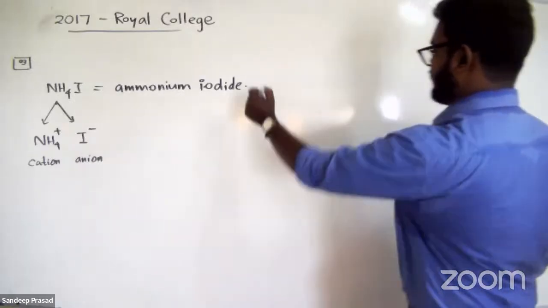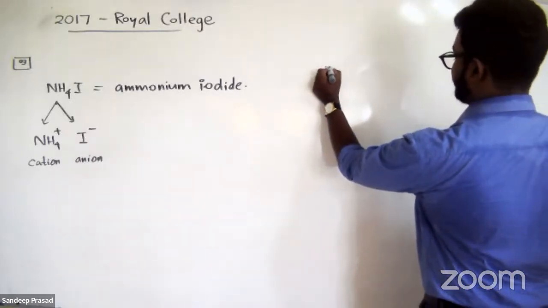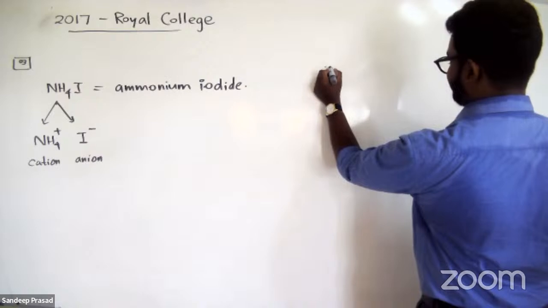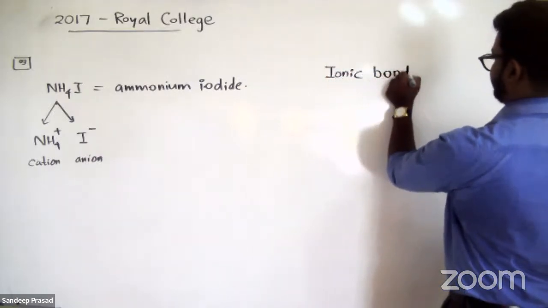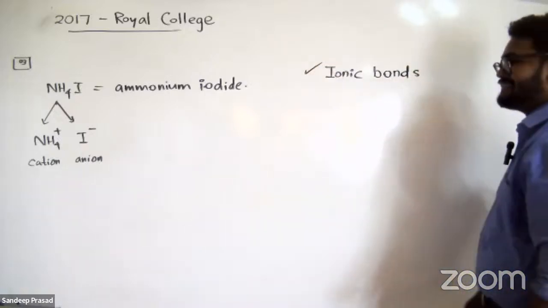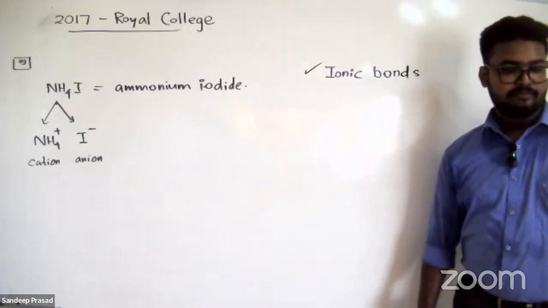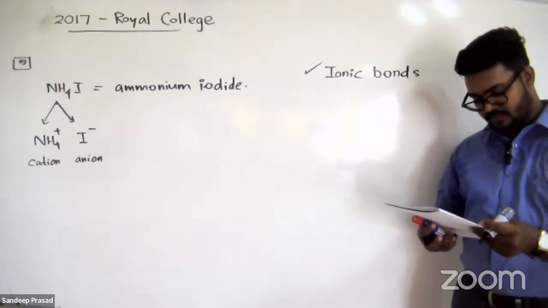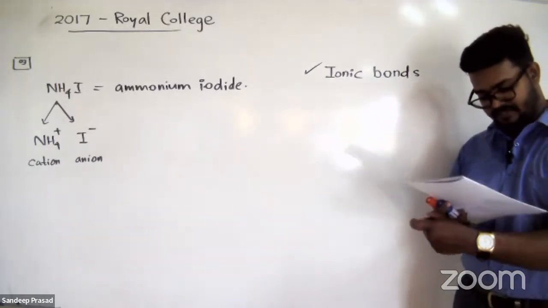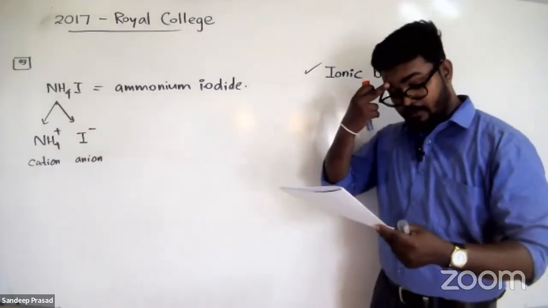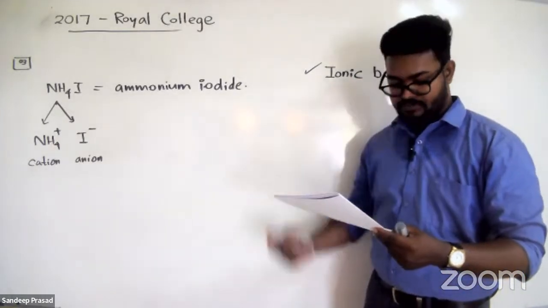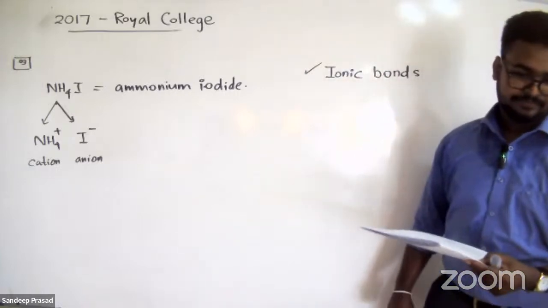So in ammonium iodide aqueous solution, ionic bonds are there. They have given a few answers: covalent bonds, ionic bonds, hydrogen bonds, ion dipole bonds, and dative bonds. What do you think about that?